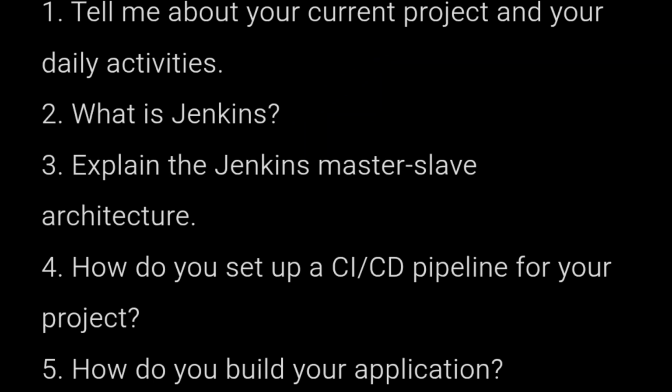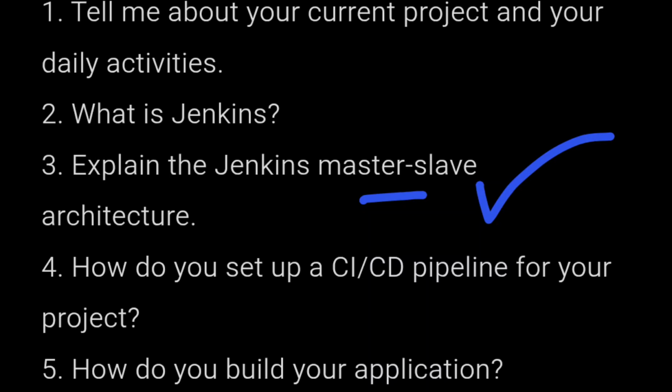Moving to the third question, it's an architecture question, where we are asked to explain the master-slave architecture. Master-slave architecture within Jenkins helps to distribute workload efficiently. The master node is responsible for scheduling the jobs, monitoring the slave nodes, and maintaining configurations.